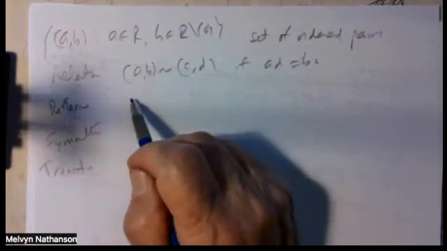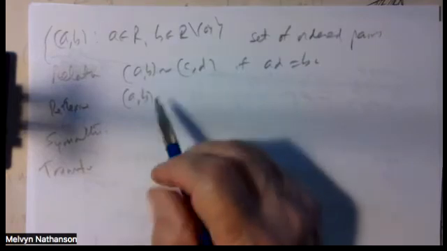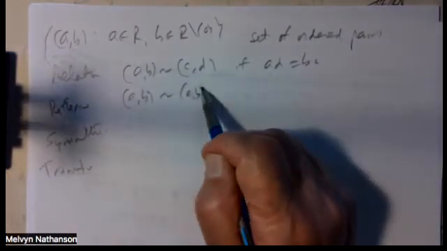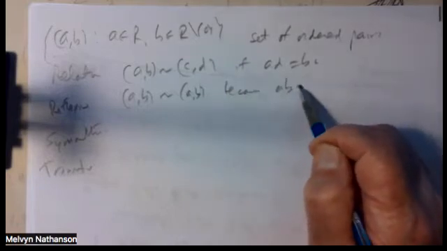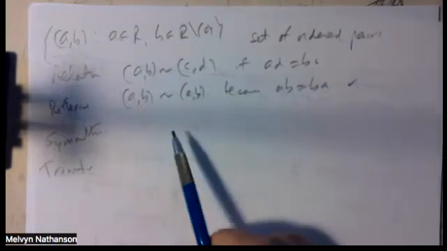So I want to show that every element is related to itself. That's reflexive. This is true because AB equals BA. The ring is commutative. So every ordered pair is related to itself.